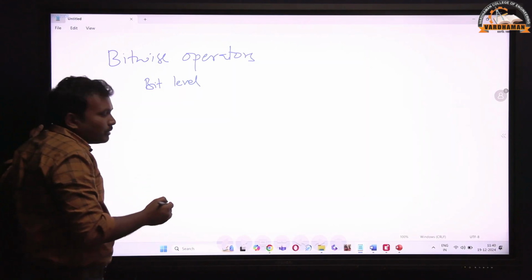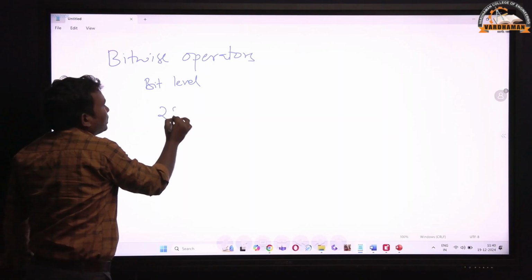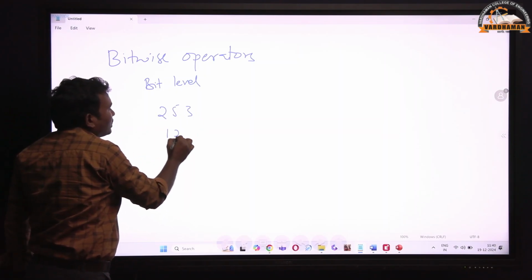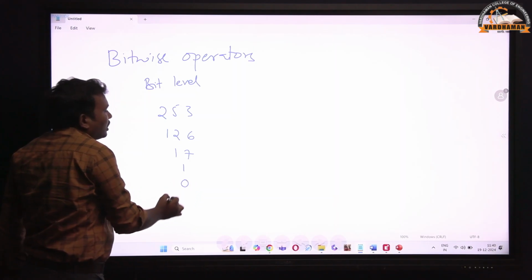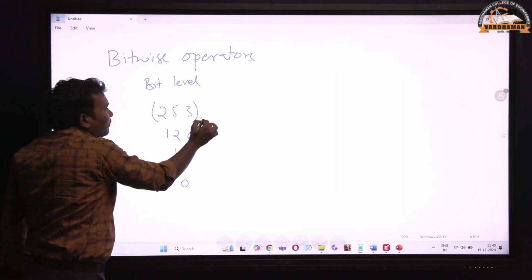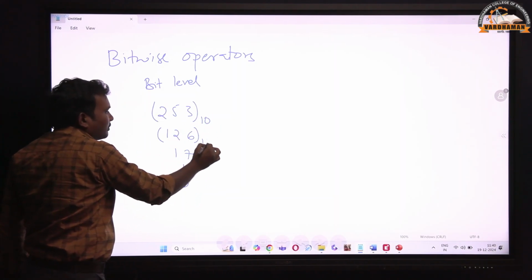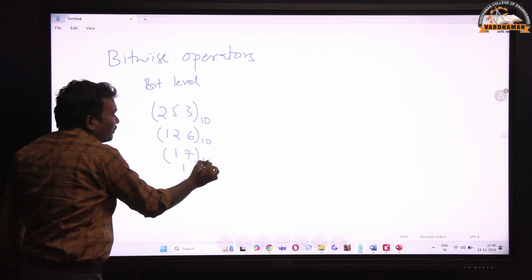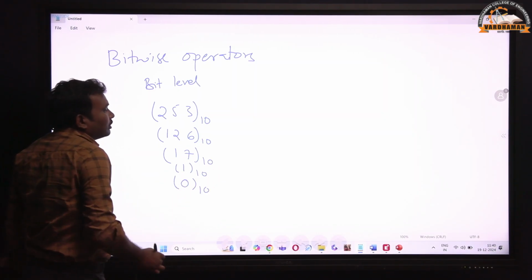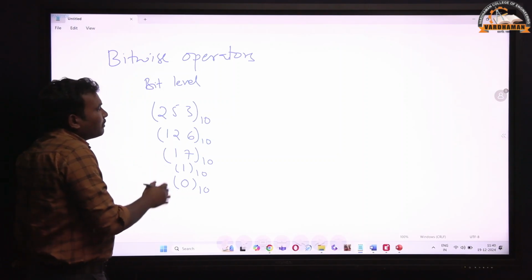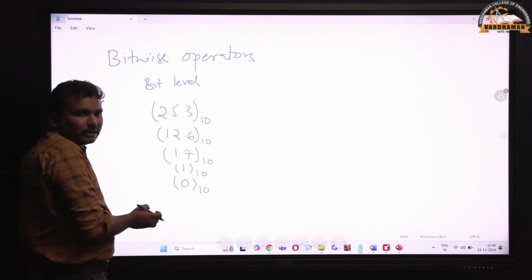Whatever numbers we write, like 253 or 126 or 17 or 1 or 0, are decimal numbers. But when you perform bitwise operations, the operations are performed at the binary level.